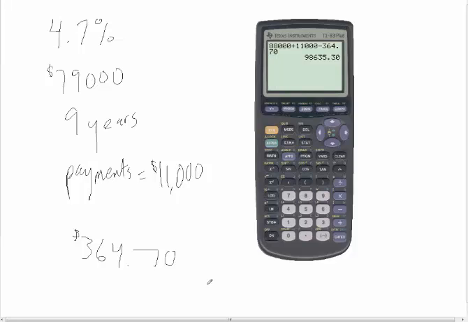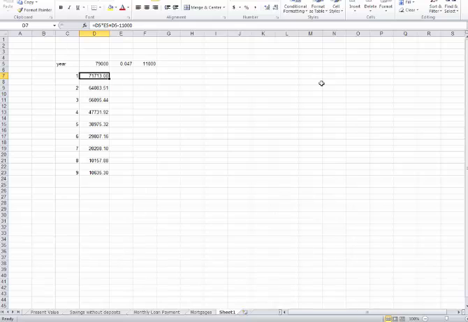Doing this using Excel, I just set up a little thing here. So after year 1, 2, 3, 4, 5, 6, 7, 8, 9, I started at 79,000. Here's the interest rate. Here's the payment.